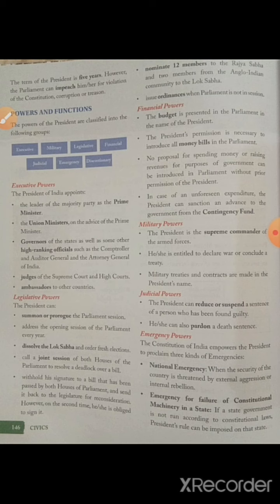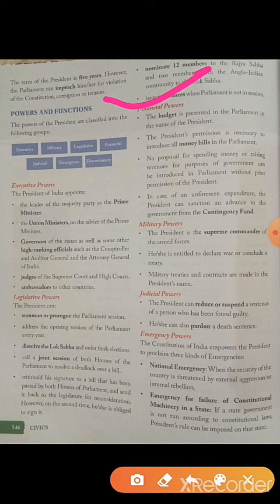Treason means deshdrohi. That is, if he has done something wrong with the country, if he is found in such cases, then he can be removed from his post. Okay, and who can do so? Parliament can do.